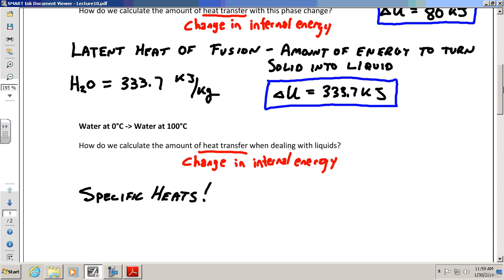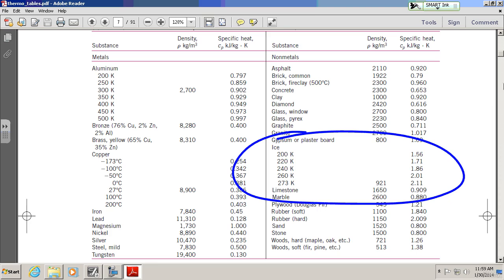So we've got to look up the specific heat of water. We're going to go back to your tables here and ask, what's the specific heat of water? Let's go back to our tables.